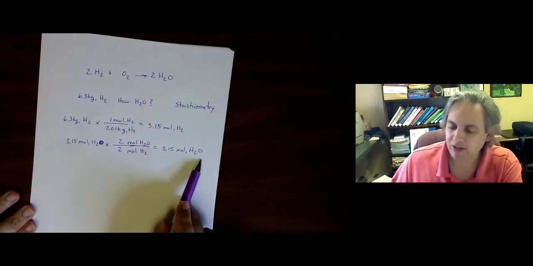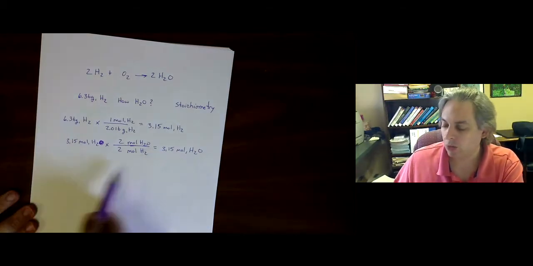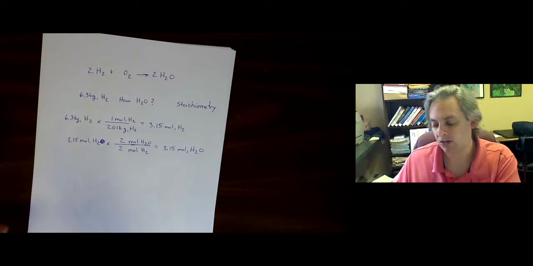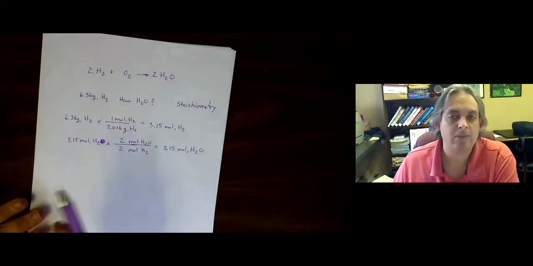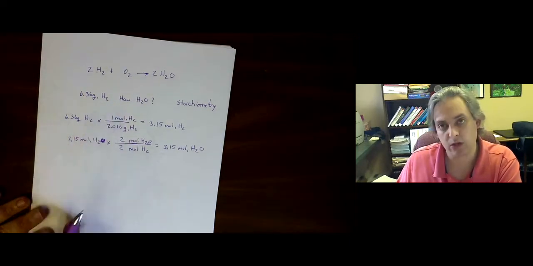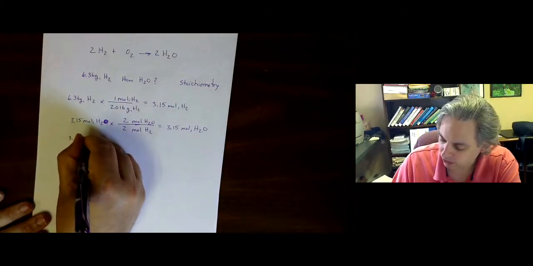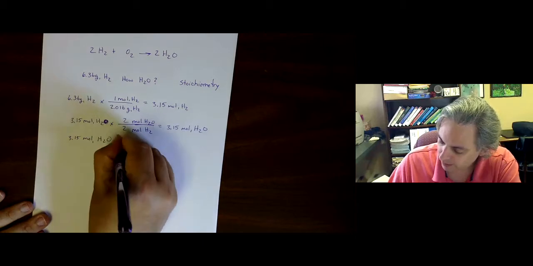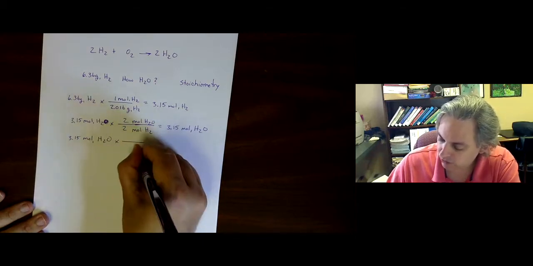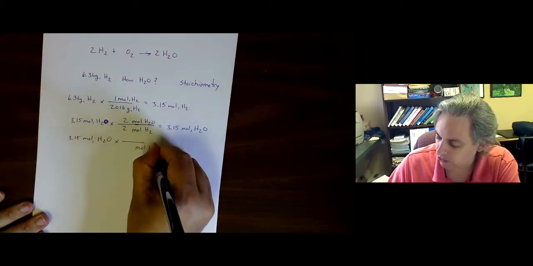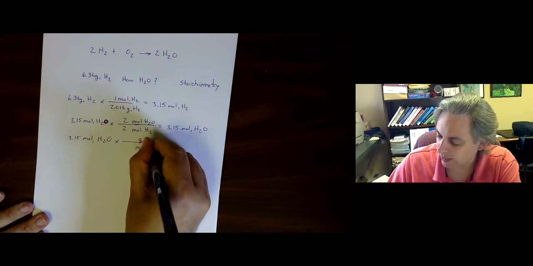Now that we have the number of moles of water, we can convert that to grams, because ultimately that's what we want to find: how many grams of water can we make with 6.36 grams of hydrogen. So we start with the 3.15 moles of water and convert that to grams. To do that, we put moles of water on the bottom and grams of water on the top.